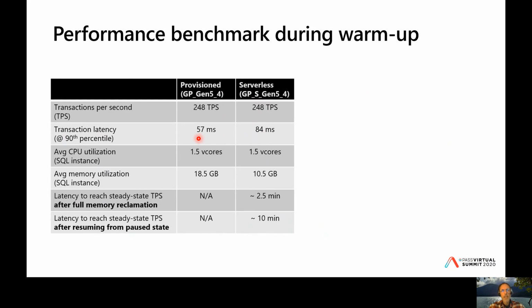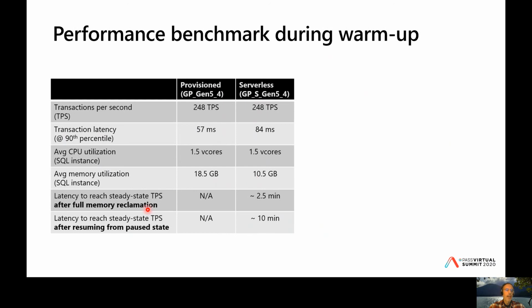Now, this is largely due to the fact that the amount of memory that's available to a provisioned compute database for the same number of cores is slightly larger than the amount of memory that a serverless database can scale up to for the same number of cores.